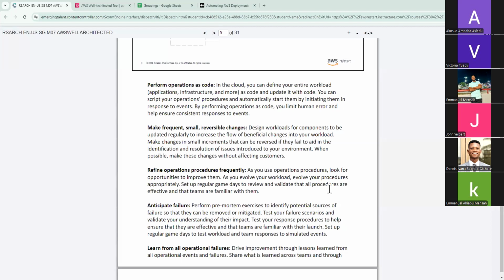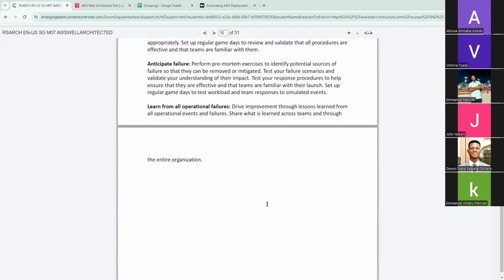Maybe before, it took you a longer time to get some infrastructure provisioned, but right now you can get it done in less time because you've researched ways to make those processes better. All right, thank you, Ahiabu.